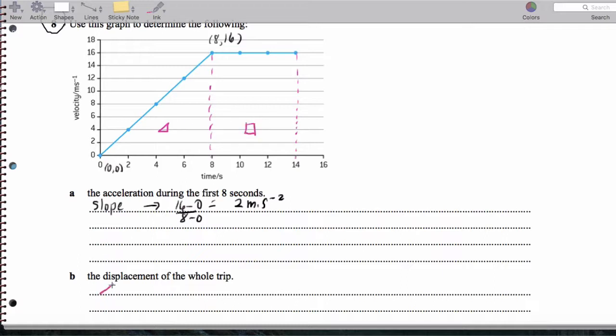And I'm going to go ahead and calculate those. So the triangle area is 1/2 base times height, which is going to be 1/2 times the base, which is 8, times the height, which is 16, plus, now the width here is 6, and the length here is 16.